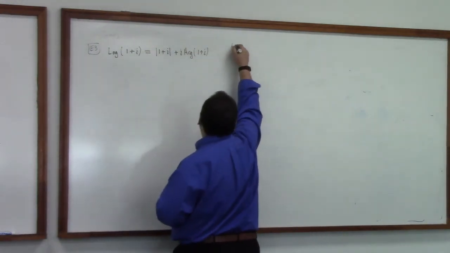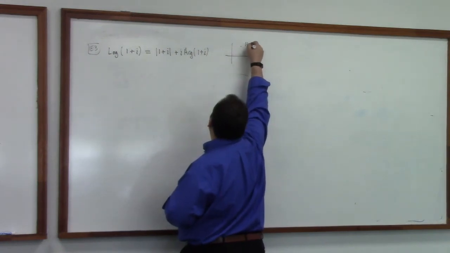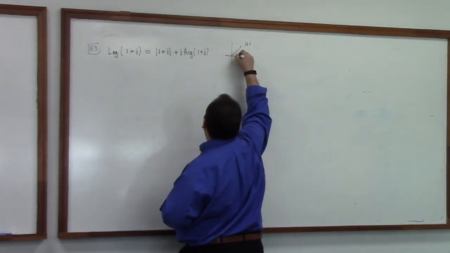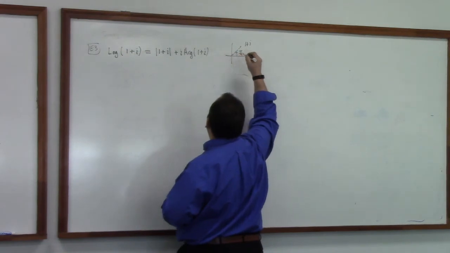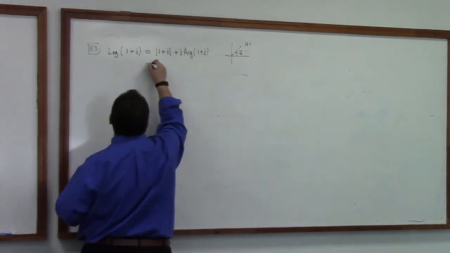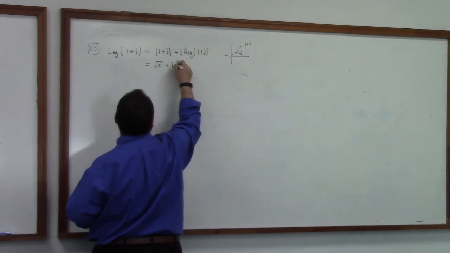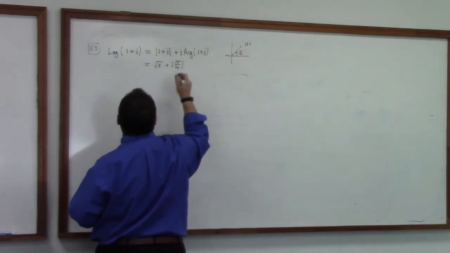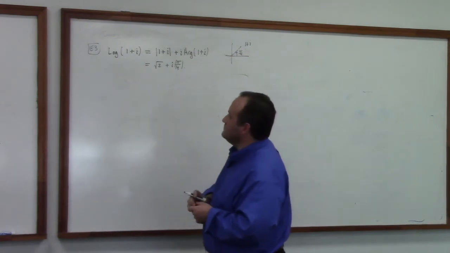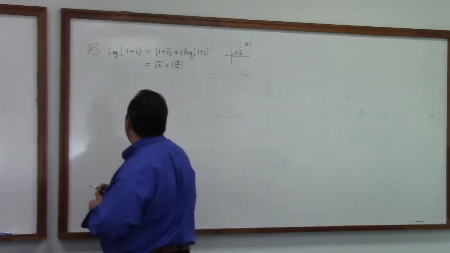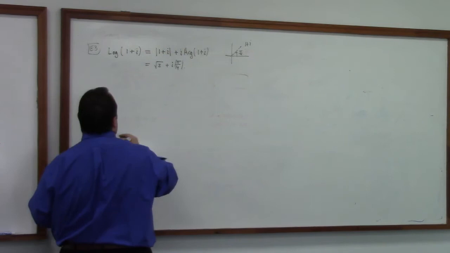You know the deal, right? 1 plus i is here, so it's pi over 4, and root 2. So the answer is the natural log of square root of 2 plus i times pi over 4. This is the principal log.